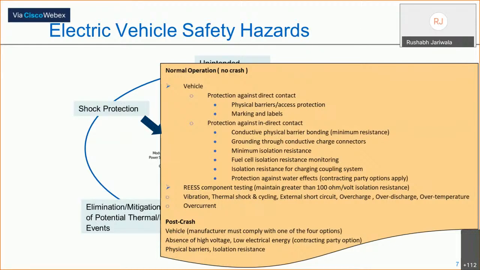So now let's move to another hazard, that is shock protection. There are two types of shock protection one needs to think of. The first is protection against direct contact.